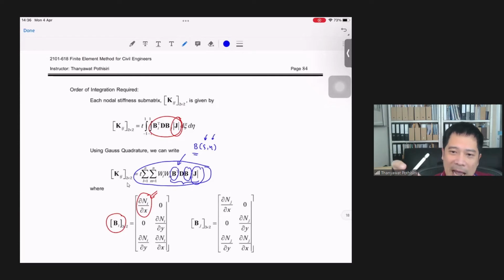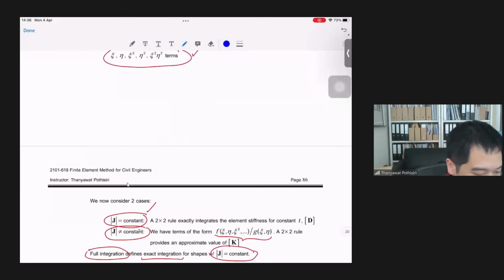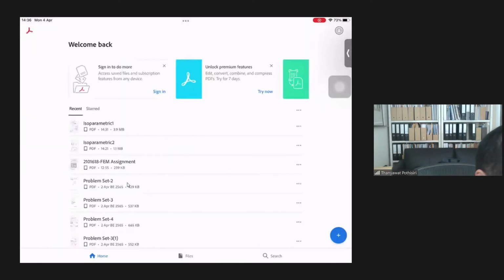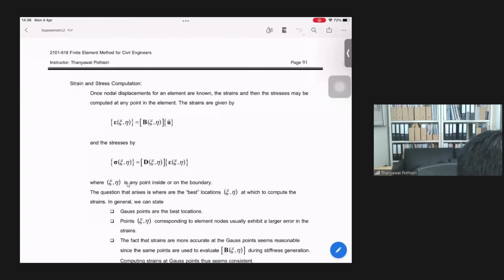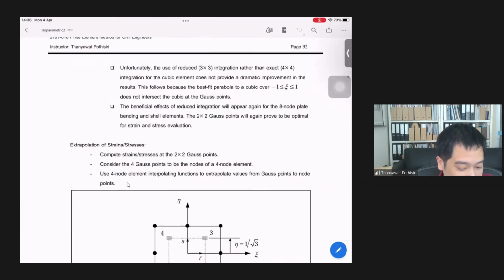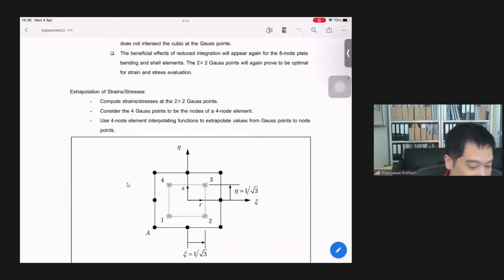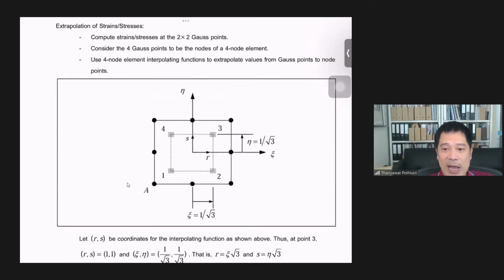So how can we compute the value of strain at the nodes then? Because we're computing everything at the sampling points, one way to do it is you can extrapolate. You can use extrapolation of your stress or strain value from the sampling points to the nodes.